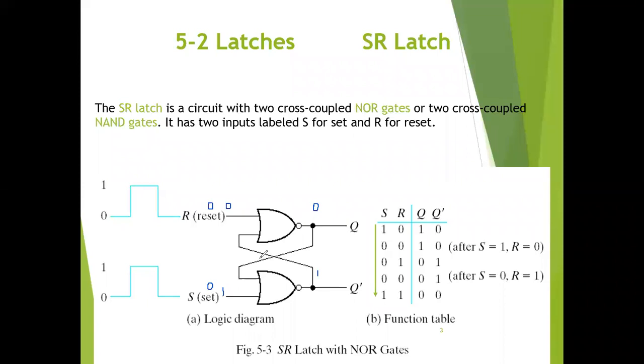And when we change the S set state from 0 to 1, the output will change, as we can see from here. When both the inputs are 0 0, the outputs are 0 and 1. So here is a 0, and at this stage there is a 1. When we change the set state from 0 to 1, here it will be 1, and at this input it is already a 0.